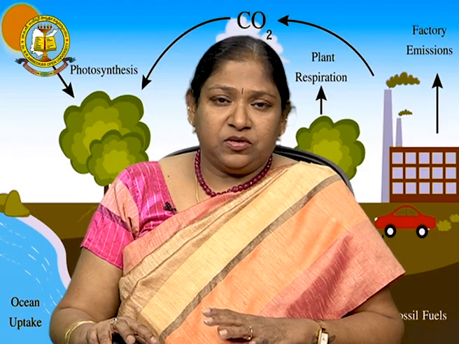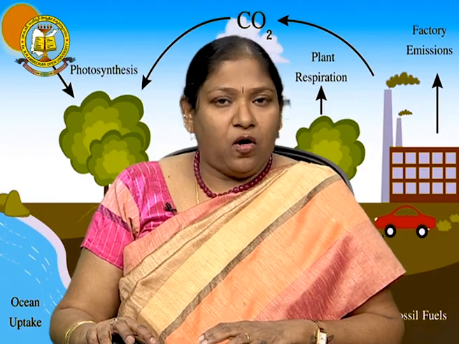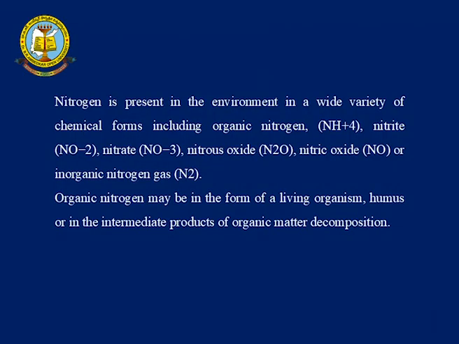Now, what are the different forms of nitrogen that we often see? Nitrogen is present in the environment in a wide variety of chemical forms, including organic nitrogen, ammonium NH4+, nitrite NO2-, nitrate NO3-, nitrous oxide N2O, nitric oxide NO, or inorganic nitrogen gas, that is N2.